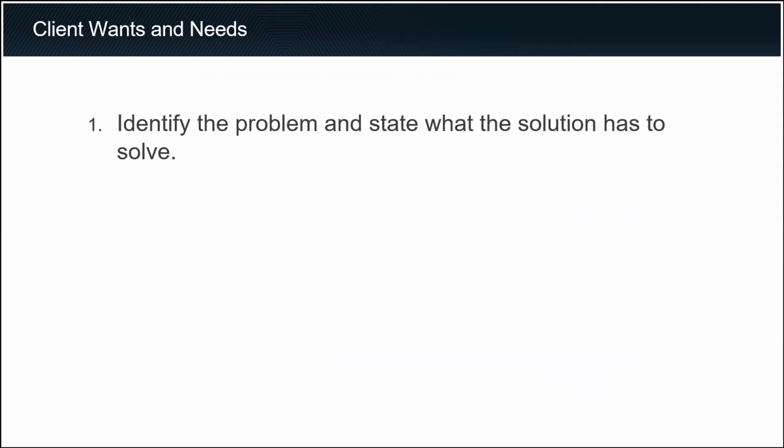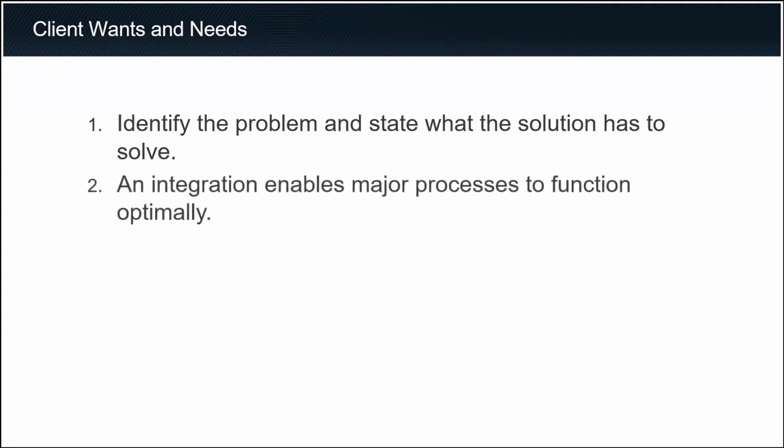First and foremost, identify the problem and state what the solution has to solve. Plainly put, guys, start with defining the problem so that the scope of the solution is actually known by all stakeholders, members of the project. Secondly, an integration enables major processes to function optimally.